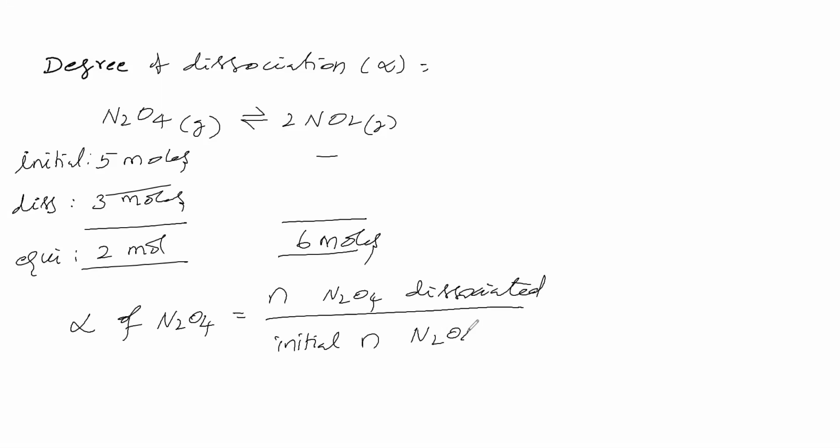The number of moles of N2O4 dissociated is 3 moles. The initial number of moles of N2O4 is 5 moles. Therefore, it is equal to 0.6. So the degree of dissociation of N2O4 is 0.6, we can say.